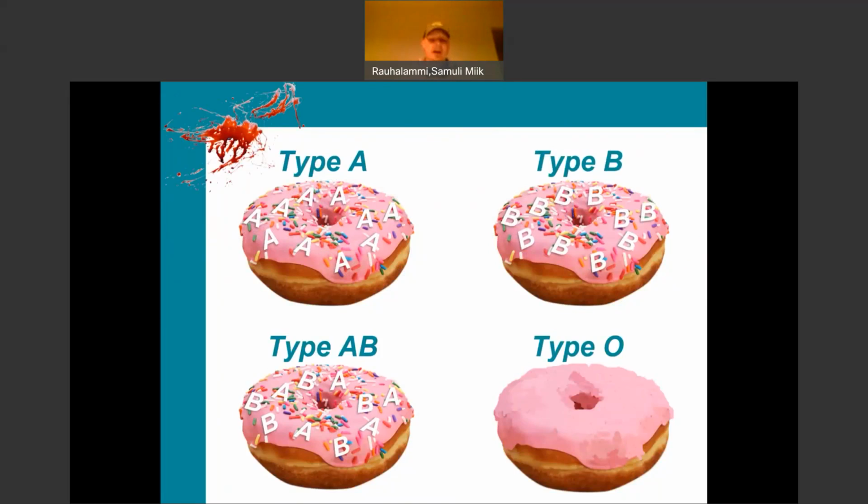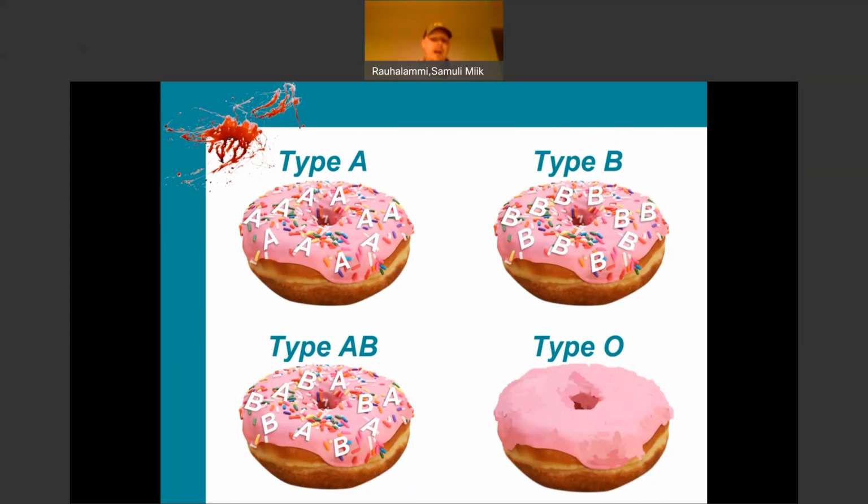Some individuals are a little bit greedy, so they have both kinds of sprinkles because they really love sprinkles. Their donut has A and B sprinkles. This would be an individual whose blood type is AB, and on their red blood cell surface they would have both antigen A and antigen B.